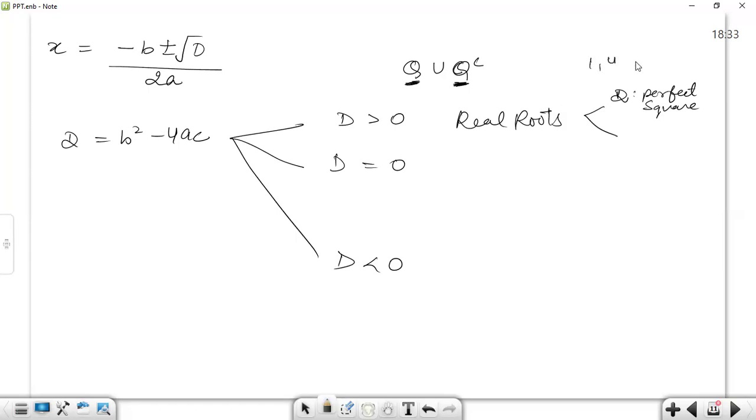Yes, these numbers are perfect squares. If it is a perfect square, it is going to cancel the square root and make a simple rational number, so in this case there will be rational roots. And if the discriminant is not a perfect square, we are not able to find the square root, so the roots will be irrational.